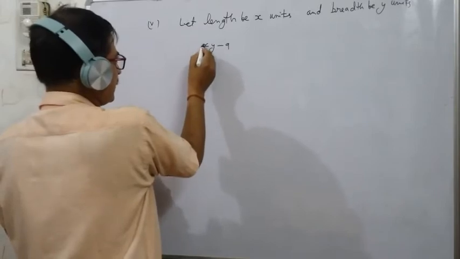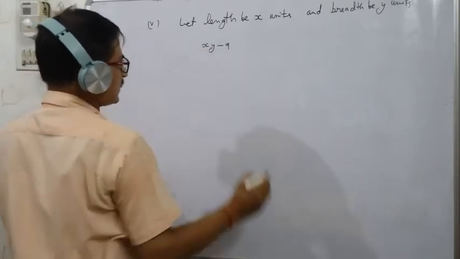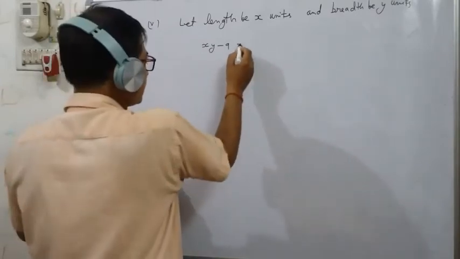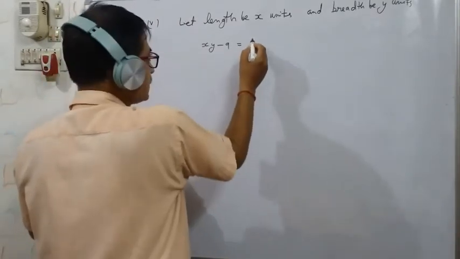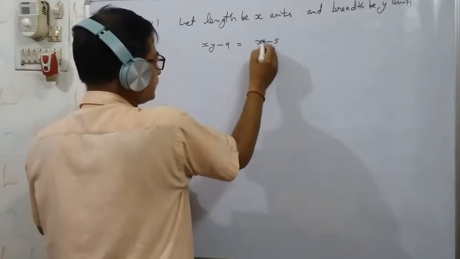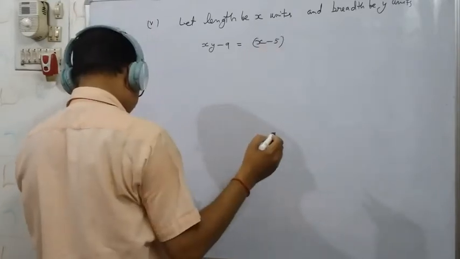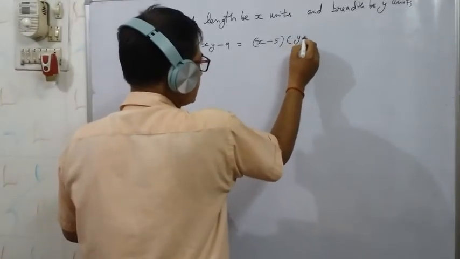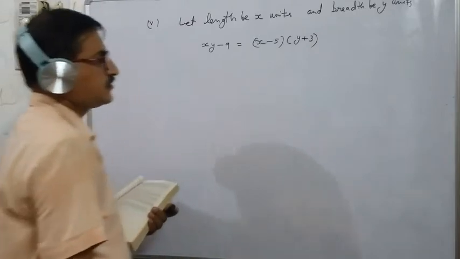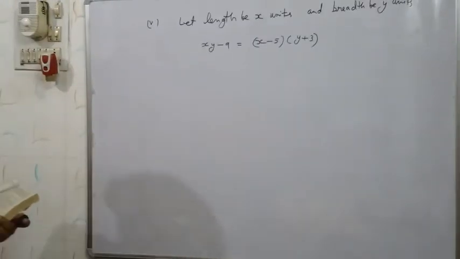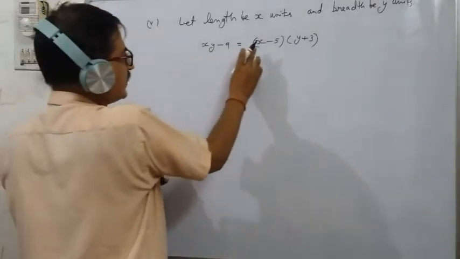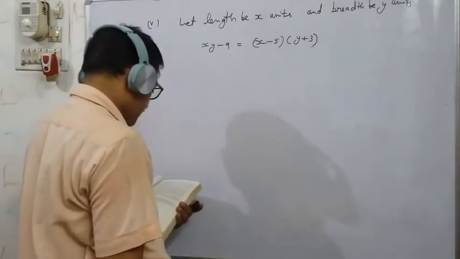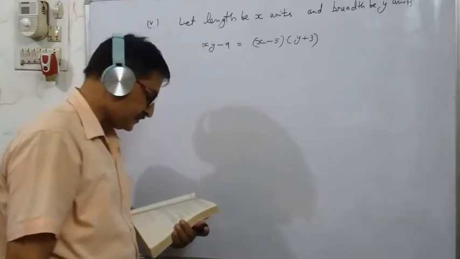According to the question, the area of the rectangle will be xy reduced by 9 square units if its length is reduced by 5 units, means x minus 5, and breadth is increased by 3 units, means y plus 3. This is the first condition given. Area of the rectangle is reduced by 9 when the length is decreased by 5 and the breadth is increased by 3 units.